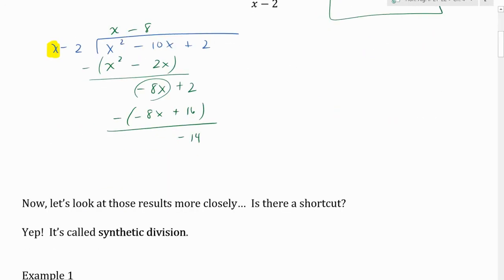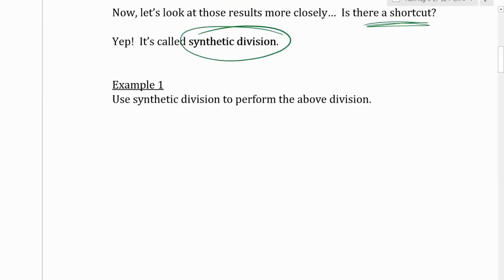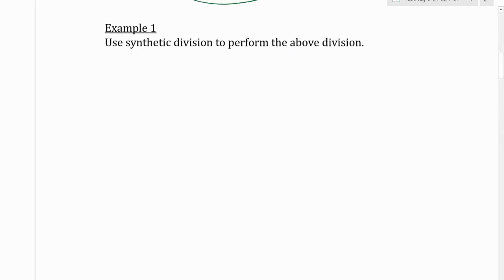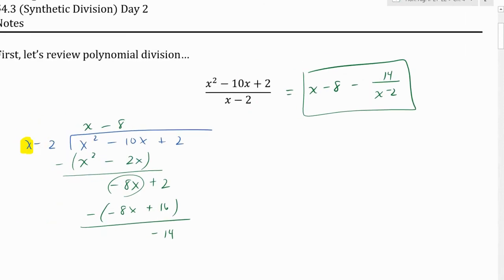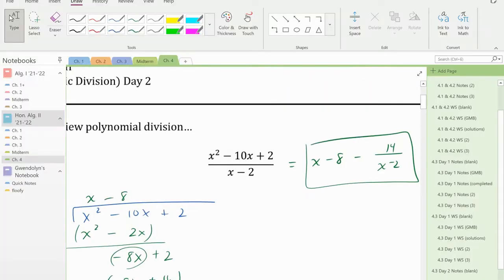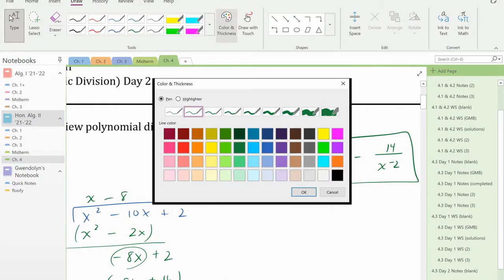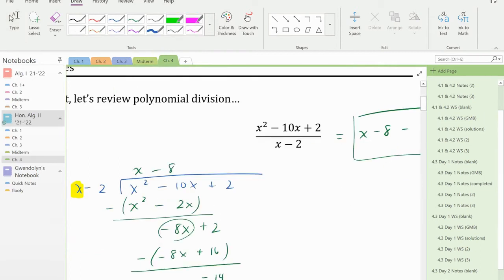Okay, but is there possibly a shortcut? There is. It's called synthetic division. So let's see. We'll get to that part. If we just kind of look at the numbers, by us lining everything up, like we held a spot everywhere.